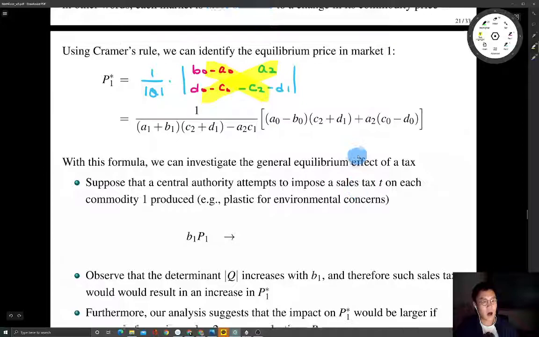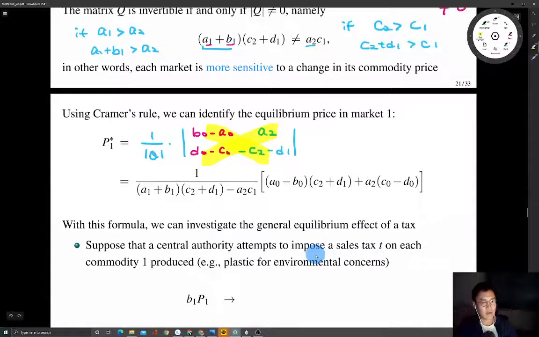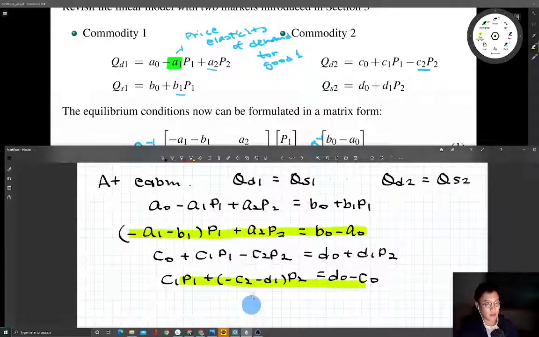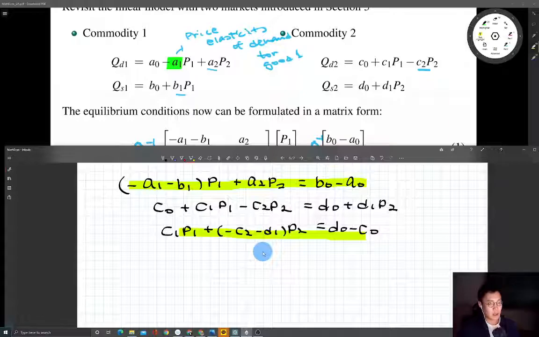So if a tax is levied, what kind of change is induced by such a tax? Remember, the tax is imposed on the supplier side, so it will make some change in the supply of good 1. Going back to the supply equation, QS1 equals B0 plus B1 times P1.